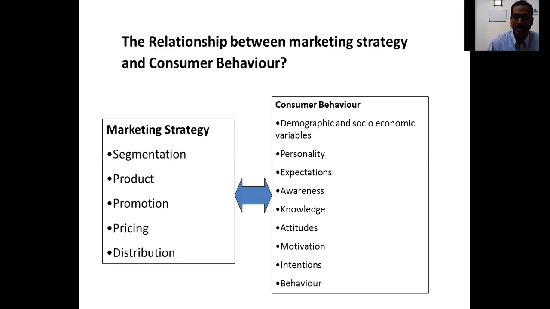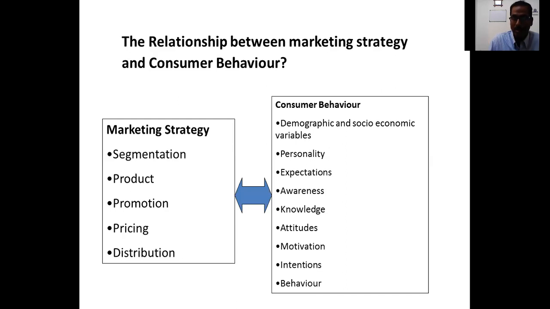Then attitude is determined by culture and subculture. Attitude is also determined by a person's experience with a product or a place. And then motivation: what kind of need a particular product is going to fulfill for the customer, that may be a motive.